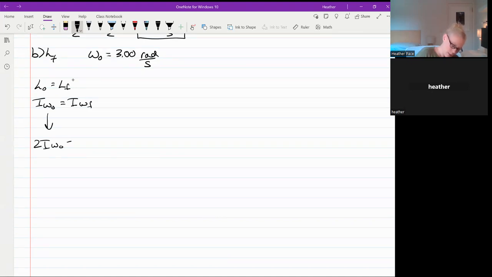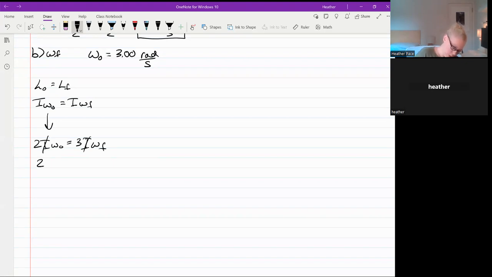So that is going to be equal to the angular momentum at the end, and we know that there's 3 disks now, so we can say 3I, because all the I's are going to be the same, omega F, and we are looking for omega F. Wait, are we looking for omega F? Yes. We're looking for omega F, not L. All right, so I's cancel again.